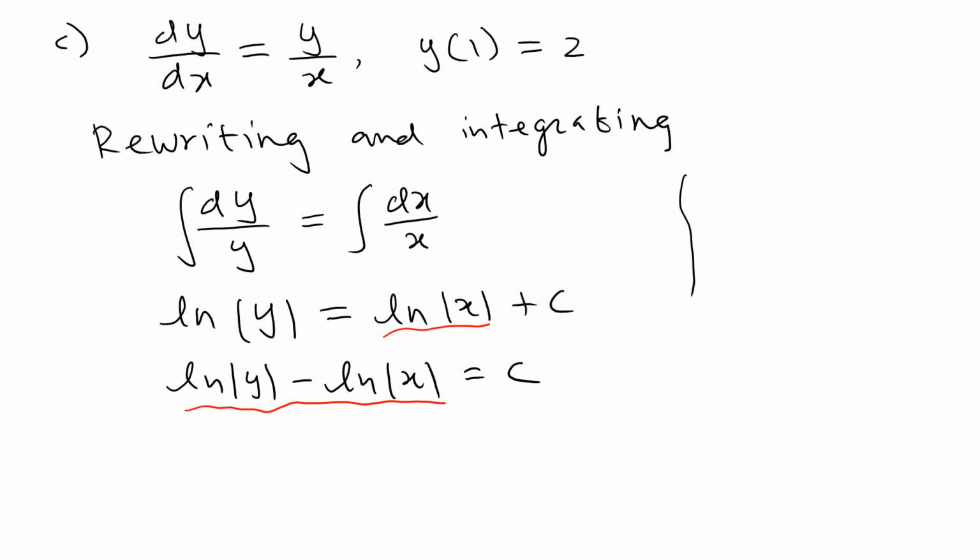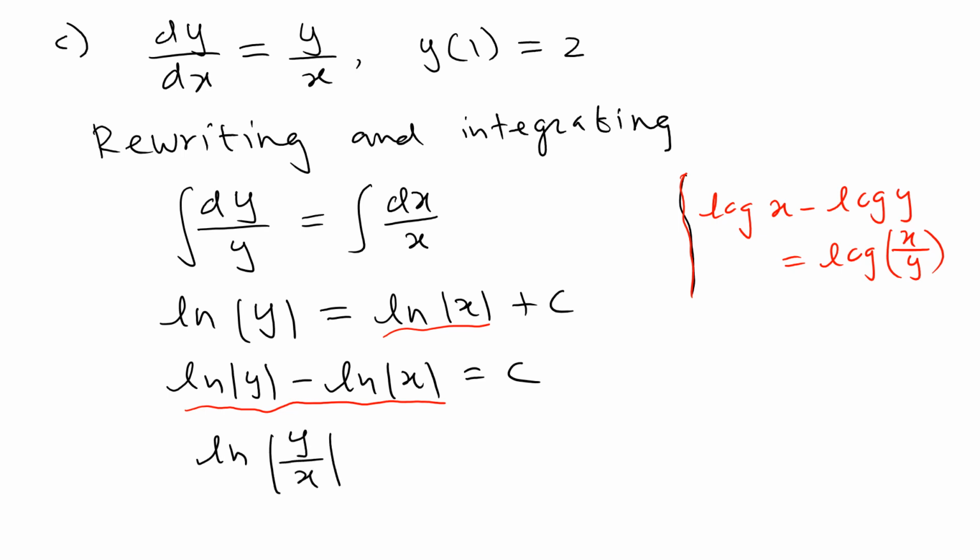We recall this result: for any log, any base, log of x minus log of y is equal to log, same base, of x over y. So you can combine them: ln of the absolute value of y over x equals c. So that's what you get.